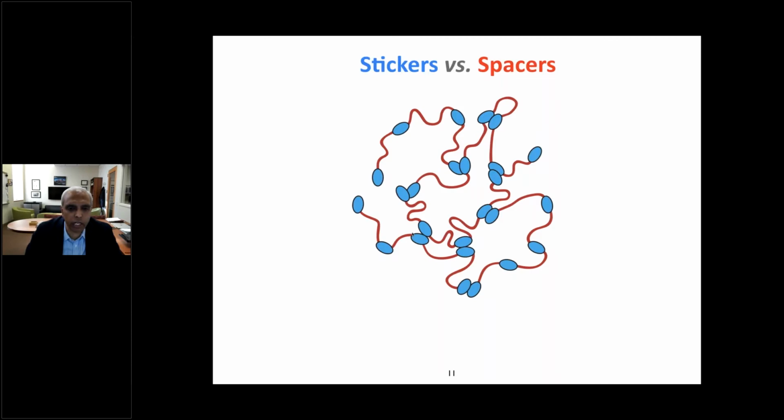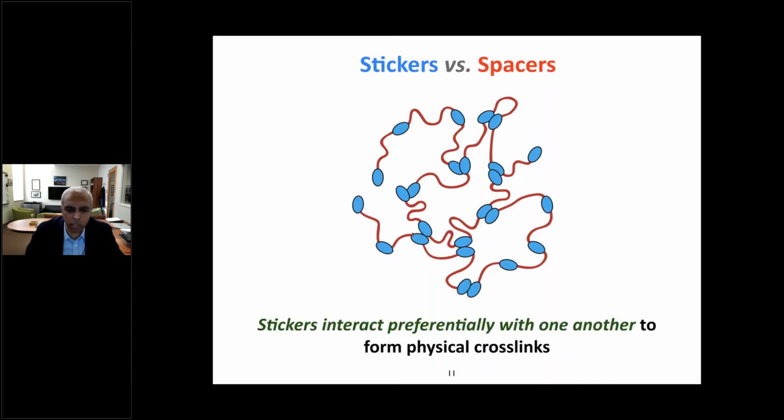The key defining feature of associative polymers is that stickers are referred to as being such because they preferentially interact with one another. And so there is a bit of a sort of Houdini act here, which is that the key component that actually determines these interactions, which is the solvent, is not shown in this schematic. But the way to think about preferential interactions is the stickers have a choice of interacting with themselves.